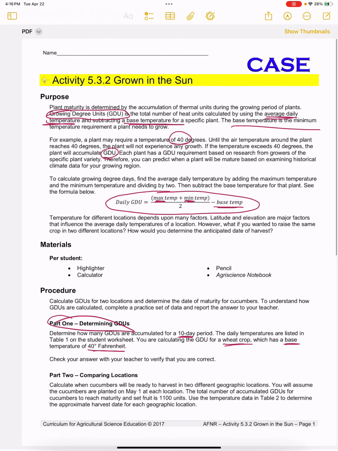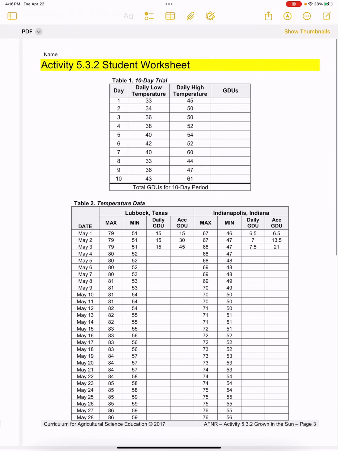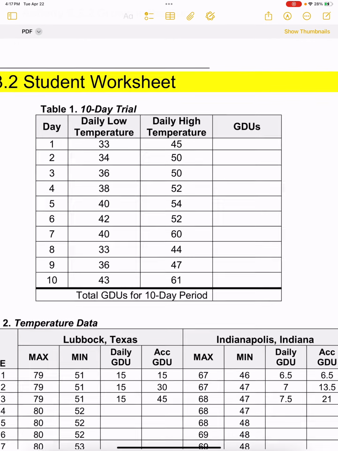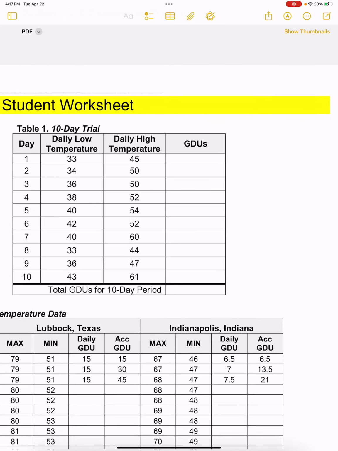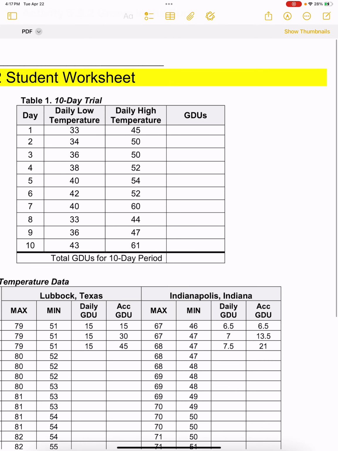Scroll to page 3. Table 1 is what we're going to be working with. So our formula is min plus max divided by 2, and then we're going to subtract the base.